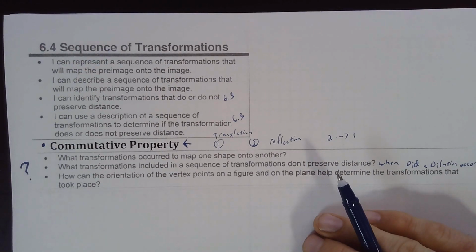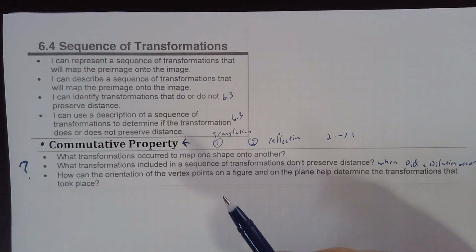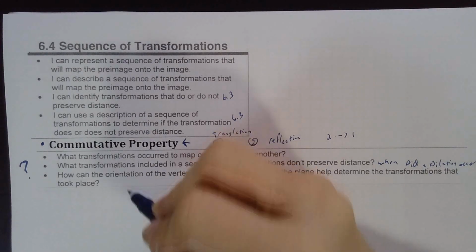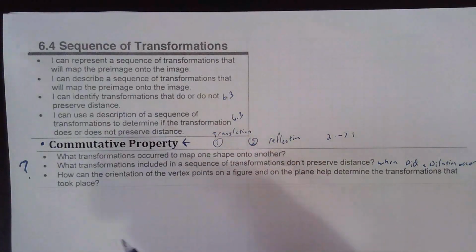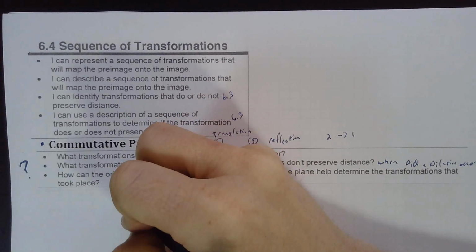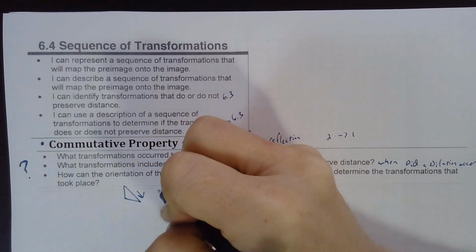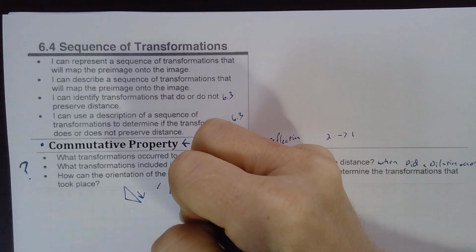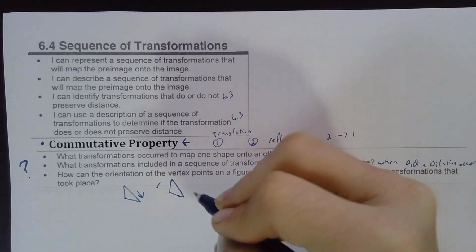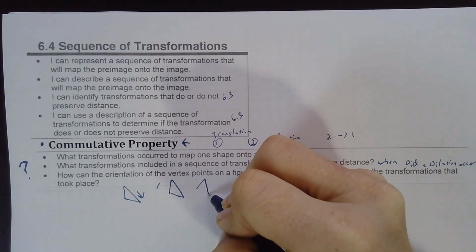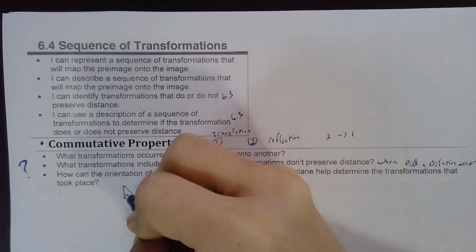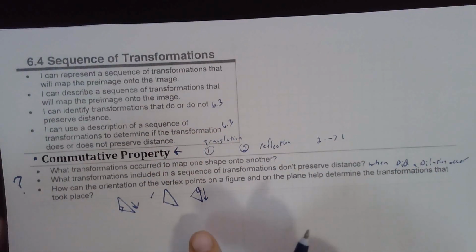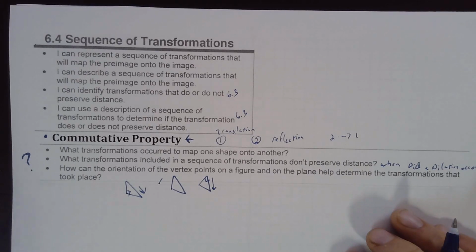Okay. So how can orientation for the vertex points on a figure help determine the transformations that took place? Remember, that's when we orient the image in a certain way. So if I have something pointing this way and another one pointing this way, if I orient them the same, that helps determine the transformations.